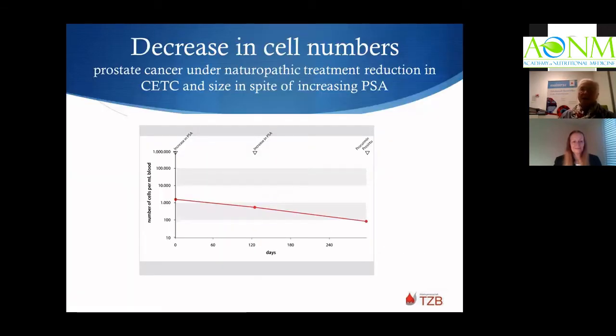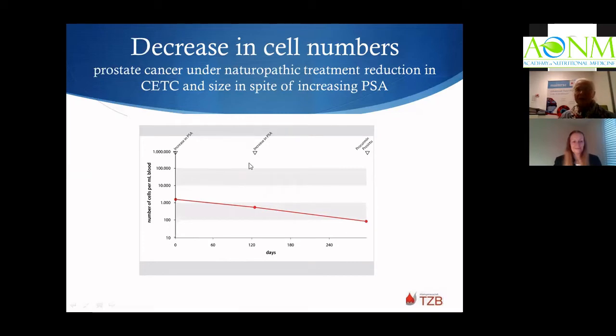And what we do is we draw a trajectory of the cell numbers over time. You see here, it's about 1 year. And what we saw was the cell numbers decreased over time.